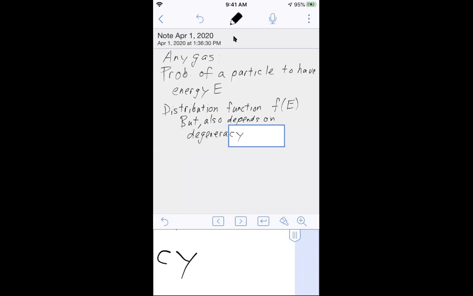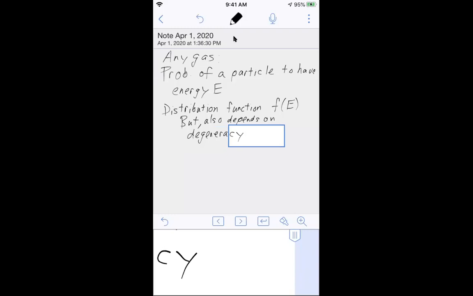If you think about an ideal gas, and you say, how many different ways could I have a molecule have zero kinetic energy? Because when we're talking about the energy in a gas, it's the kinetic energy of the molecule. For a molecule to have zero energy, there's only one way to do it: it can't be moving at all.